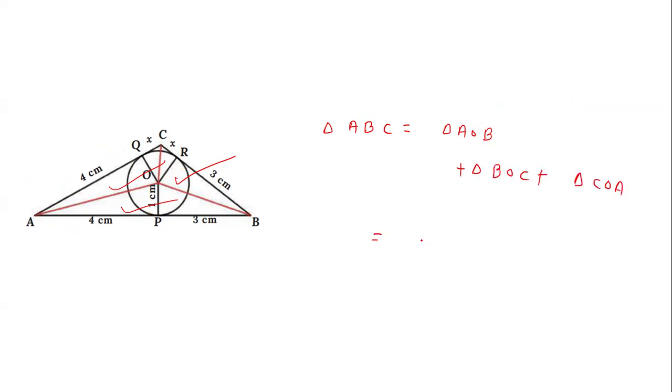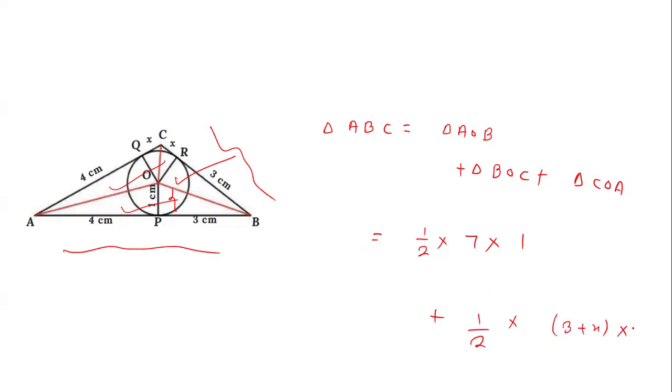What is AOB? It is half times the base length 7 and the vertical height 1 centimeter, which is the radius. And the BOC area is half times the base 3 plus x and the vertical height, the same radius, plus half times 4 plus x and the vertical height 1. This is the COA triangle area.